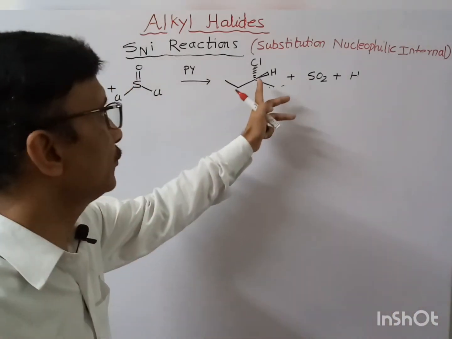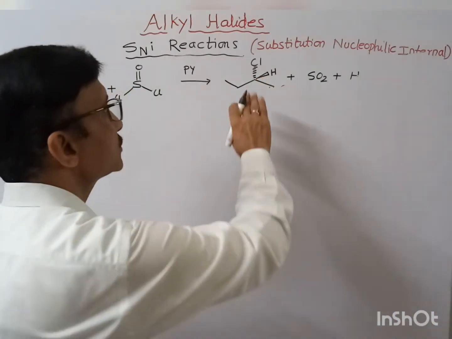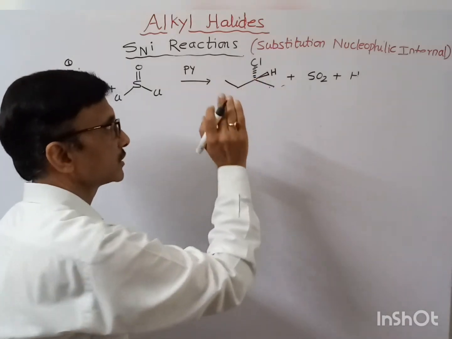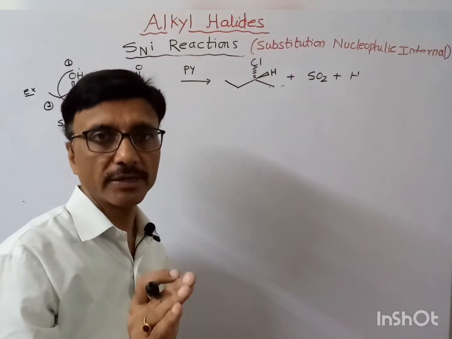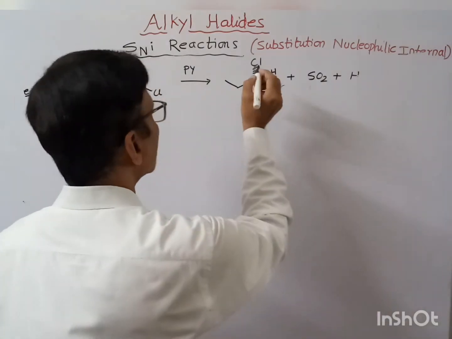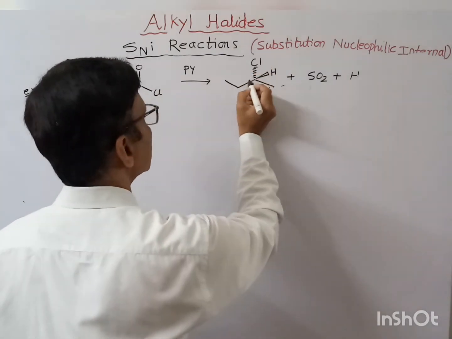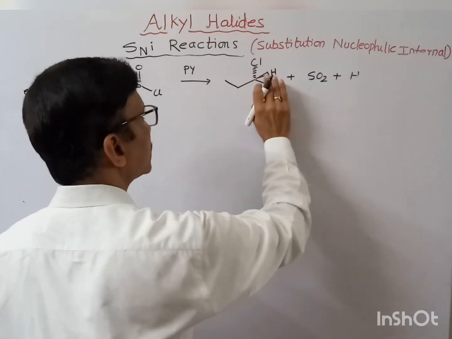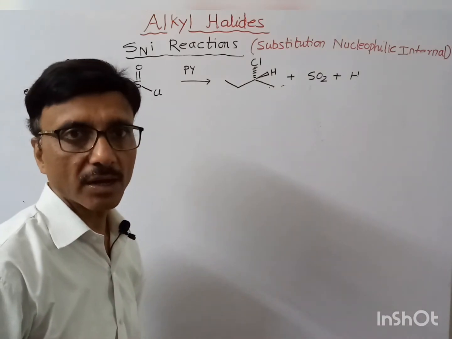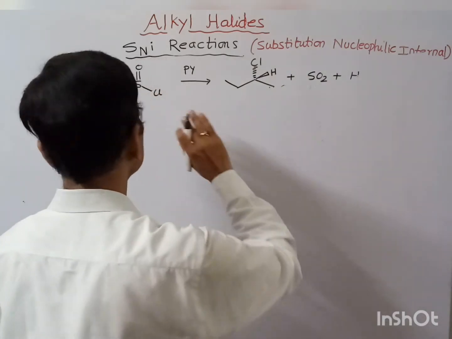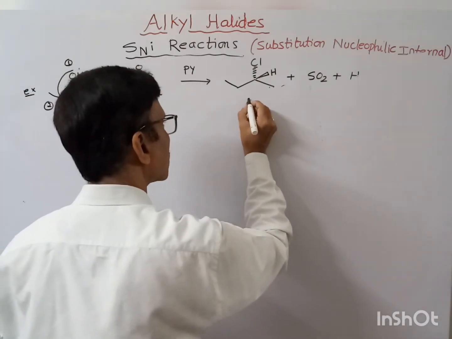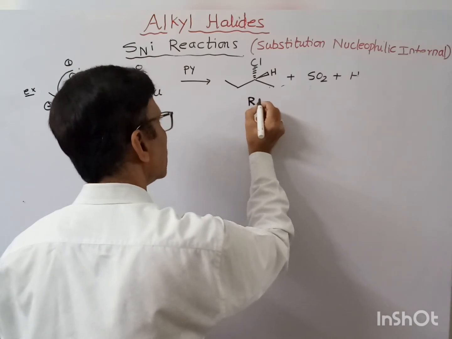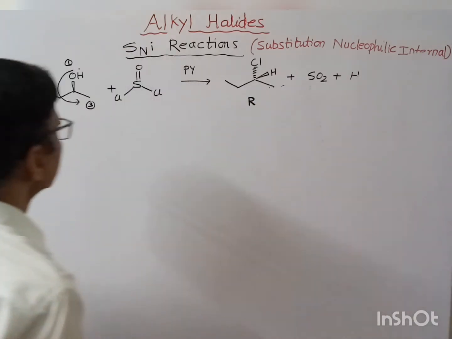But here, this is towards us. That's why the configuration should be reversed. So here this is S configuration, but as hydrogen is towards us, that's why we should write the R. This is R configuration.